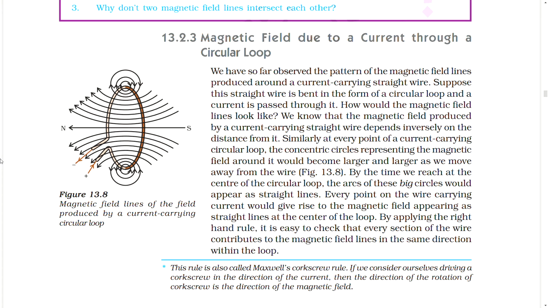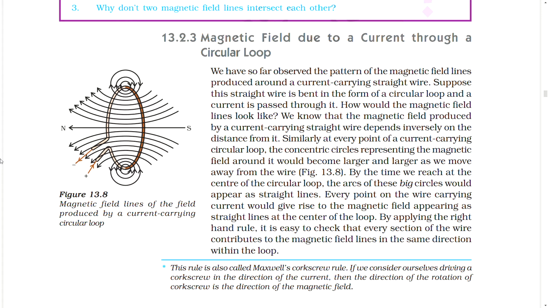Magnetic field due to a current through a circular loop. We have so far observed the pattern of the magnetic field lines produced around a current carrying straight wire. Suppose this straight wire is bent in the form of a circular loop and a current is passed through it. How would the magnetic field lines look like?